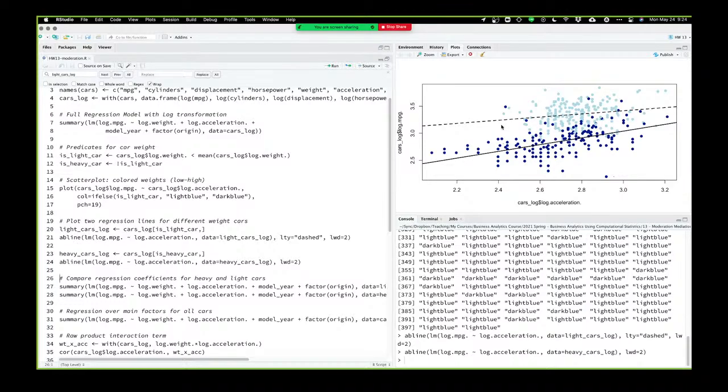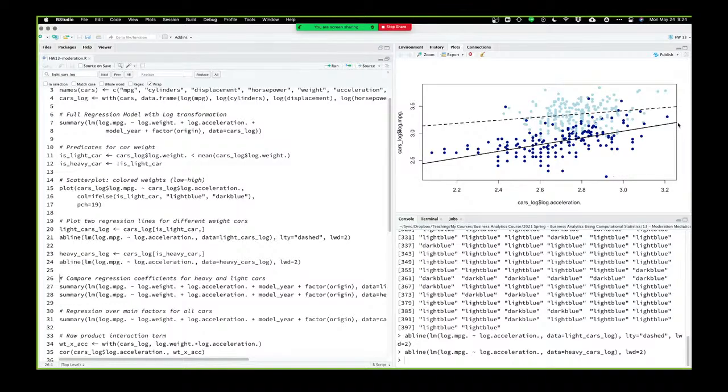Sometimes you may do a split regression like this. You're splitting the data set and doing two regressions. And you may notice that for one of the data sets, the regression line is higher than the other. That is not an interaction. That is simply telling you about the level for the lighter cars. What we're really interested in is that the slopes are actually different, not that one is higher and one is lower.